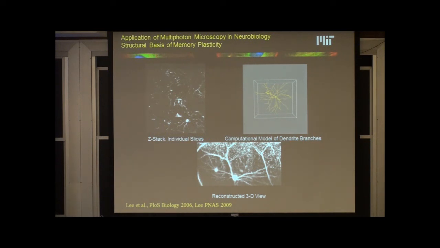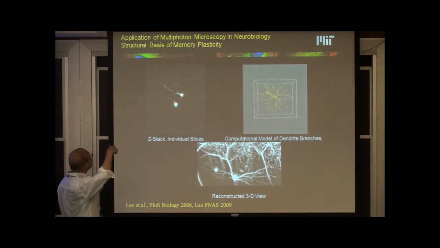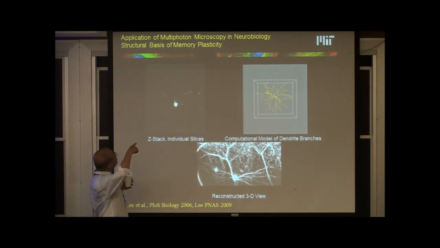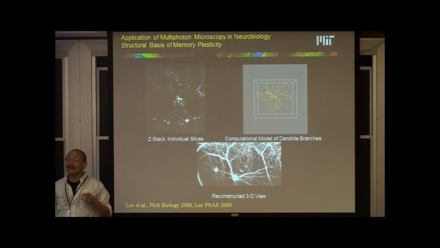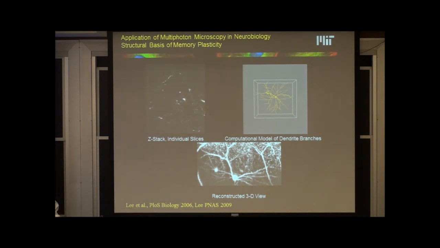So this is the imaging of going into the brain of the mouse. You can see that we are tracing the dendrite from the surface of the brain down to the neuron body, now going through the neuron body. And that's about on the order about maybe 200 to 300 microns. So you can go through and trace the structure of the neuron in 3D.